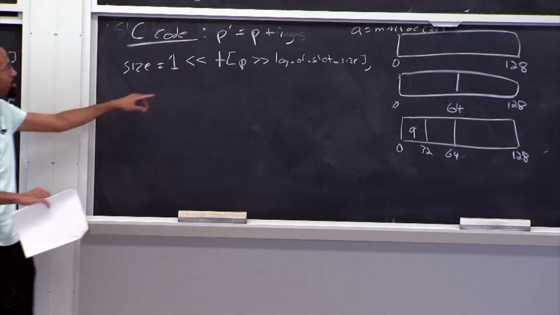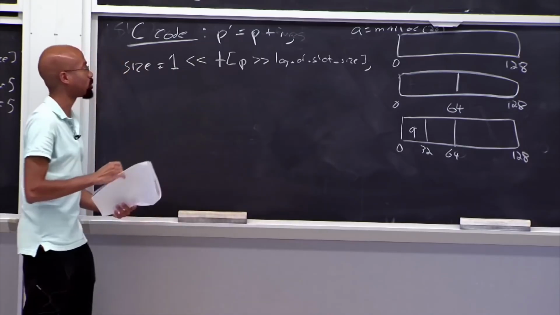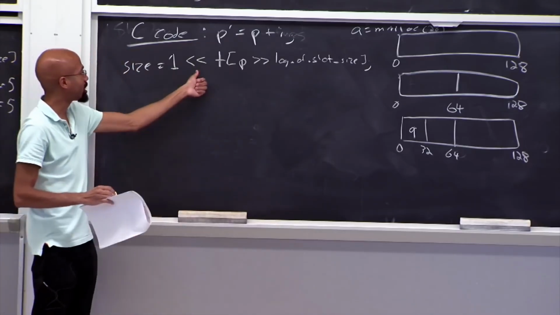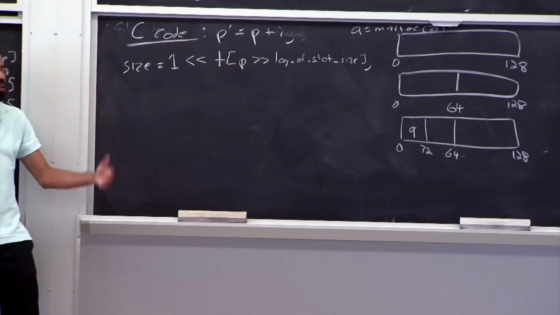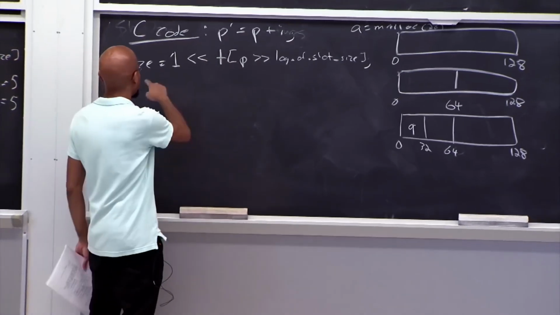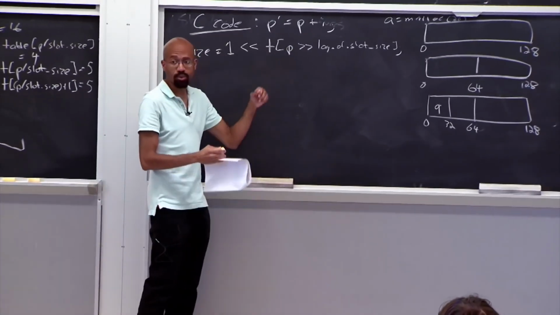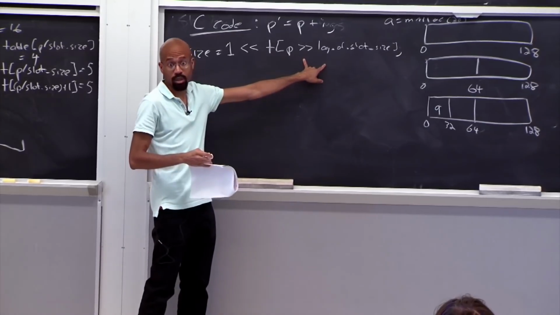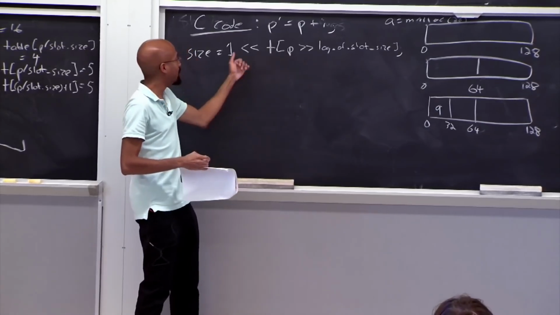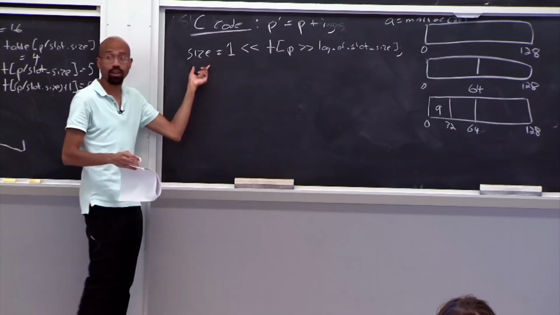So this thing right here will get us the log of the size, and then this thing over here expands that into the regular value. So for example, if the size of this pointer were 32 in terms of the bytes that was allocated, this is going to get us 5 when we look at it on the table. Then when we left shift the 1 this way, we're going to get 32 back again.